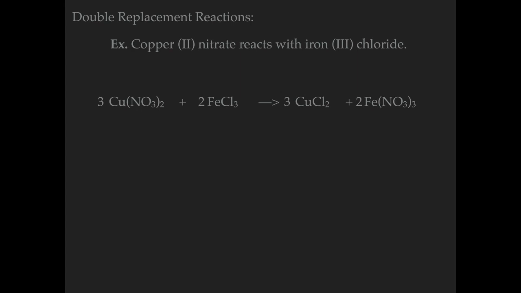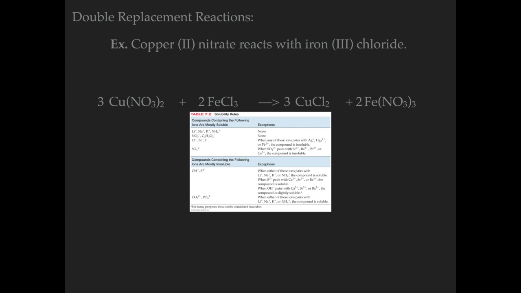Now we're going to take it a step further, and we're going to look at the solubility rules for these compounds. If a compound is soluble, that means it dissolves in solution. If it is insoluble, that means it does not dissolve in solution, so it's going to stay a compound.